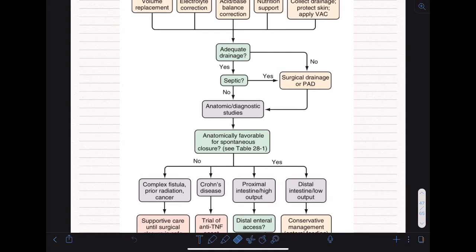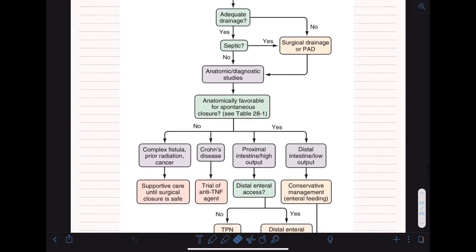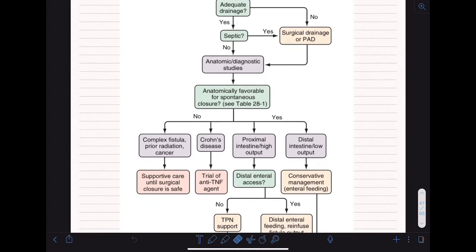If anatomically favorable for spontaneous closure, you can choose either a distal enteral access or conservative management. When anatomically not favorable for spontaneous closure and it is a complex fistula because of prior radiation or cancer, supportive care until surgical closure is safe. And in case of Crohn's disease, a trial of anti-TNF agent can be used. When there is no adequate drainage, a surgical drainage is required.